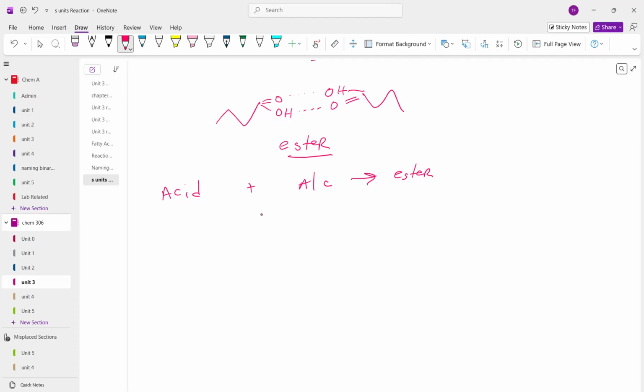Now there are 3 ways to make an ester. With an acid plus an alcohol, or the acid chloride, or the anhydride.